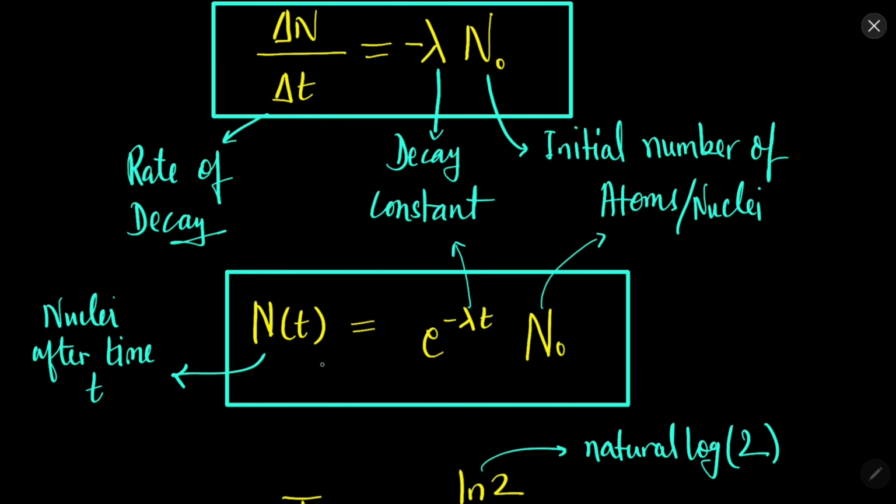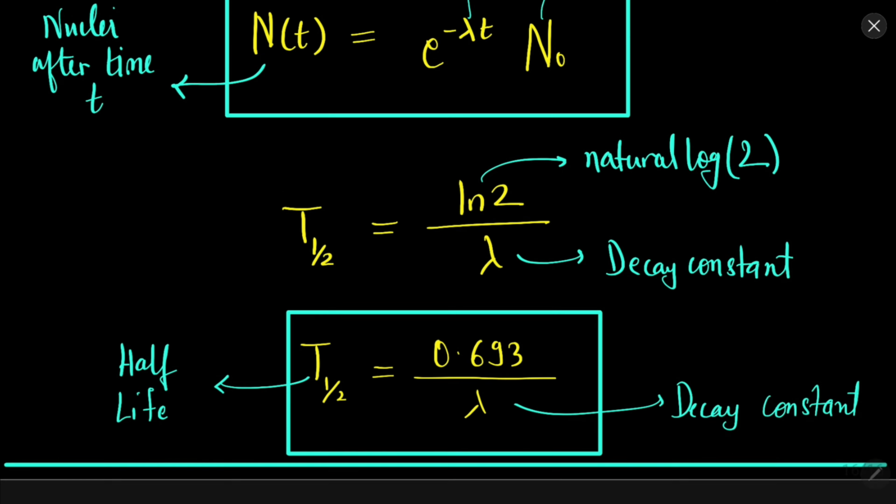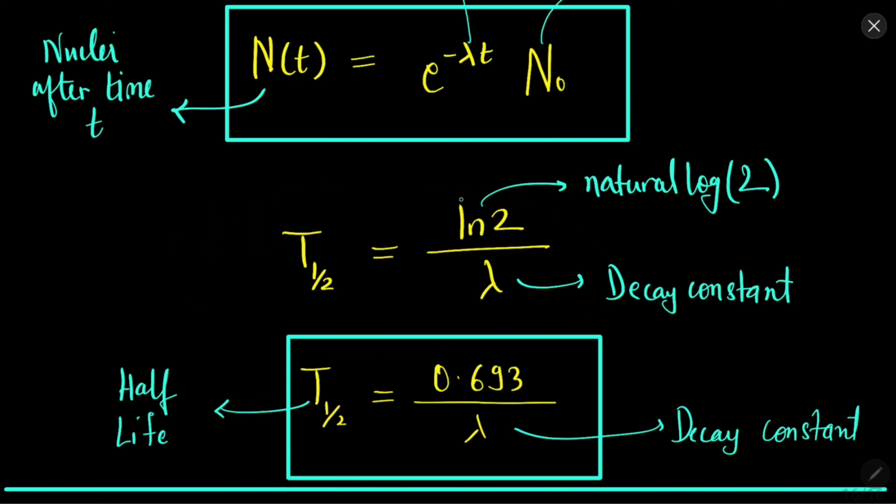This can be put in this formula also, in terms of exponential. Now the half life formula is natural log 2 over lambda, the decay constant. Natural log 2 has the value 0.693. So you can directly remember this formula, 0.693 over lambda.